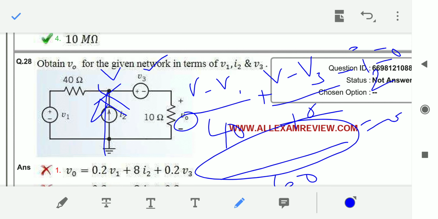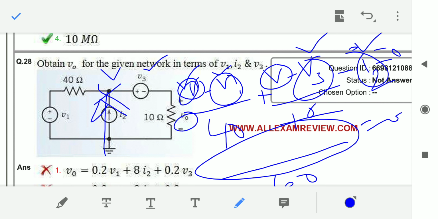Once you get this equation, you will have it in terms of V1, V3 and I2, but you want the equation only in terms of V1, V3 and I2, so you have to replace this V. This voltage is between these two nodes, so it is V3 plus V0.